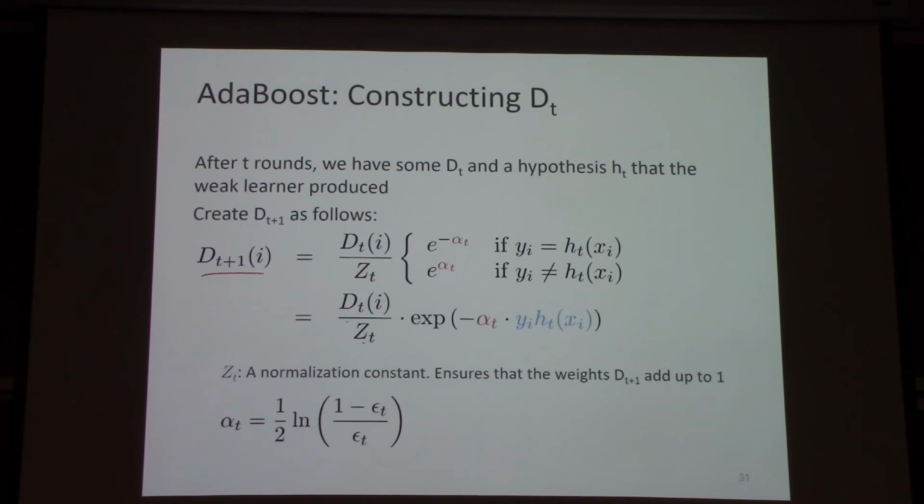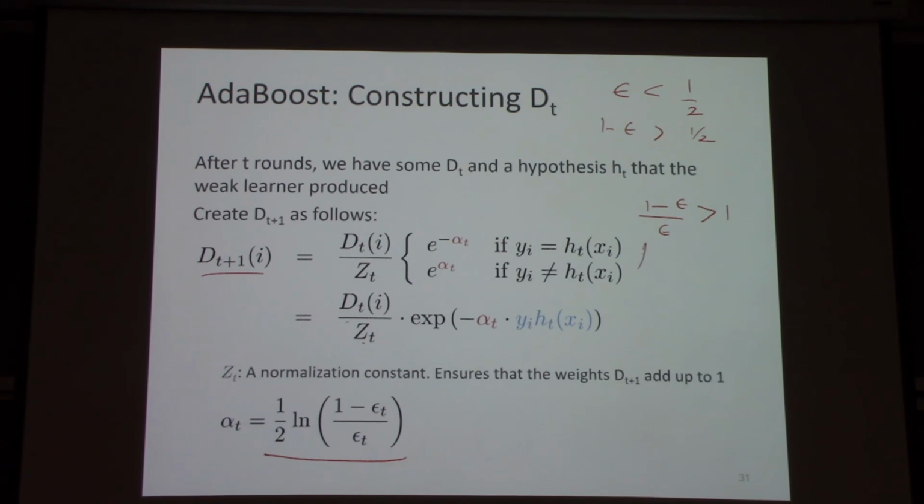According to the prescription of AdaBoost, this quantity alpha is half of log of 1 minus epsilon divided by epsilon. Let's think about what's going on. I know that epsilon is less than a half, because our weak hypothesis has an error that's less than half. That's the definition of a weak learner. If epsilon is less than half, 1 minus epsilon is more than half, which means 1 minus epsilon divided by epsilon is more than 1.